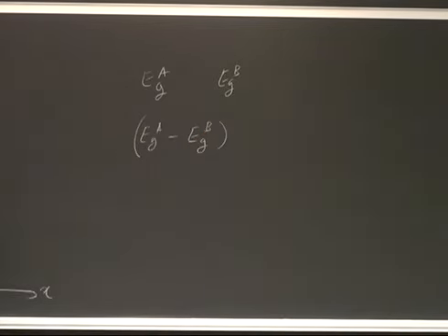This is a rule of thumb: the difference has to be split between the conduction band and the valence band. They have to align in a certain way.